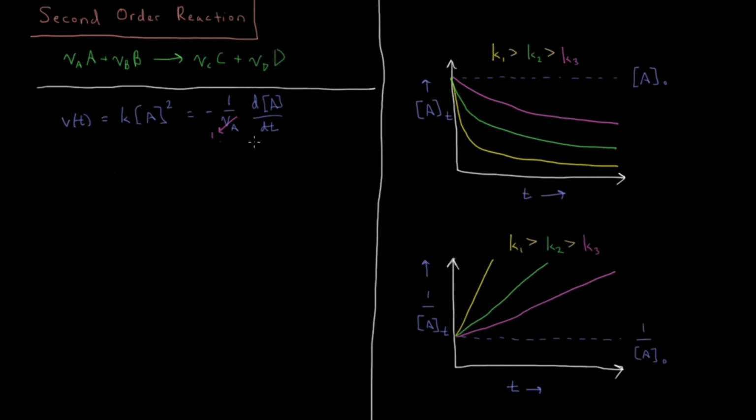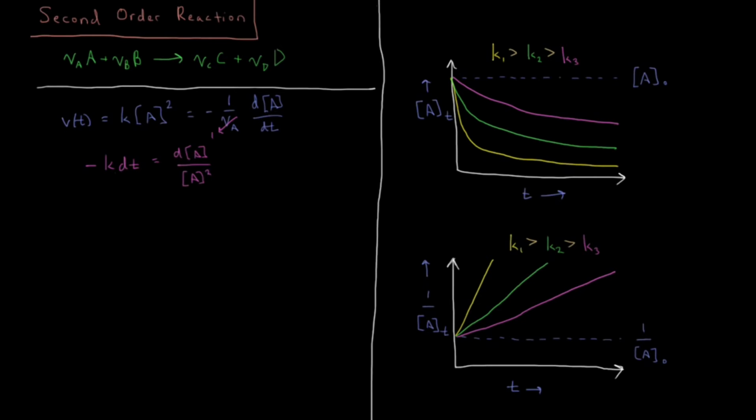Okay, so we want to isolate the things that depend on t and the things that depend on A on each side so we can integrate this differential equation. So I'm going to multiply both sides by minus dt over A squared. And when I do that, what I should get is minus k dt equals dA over A squared.